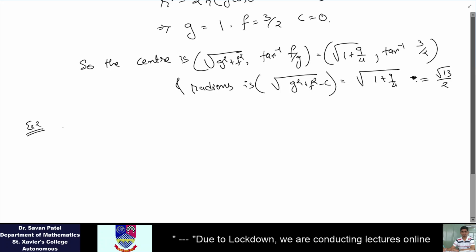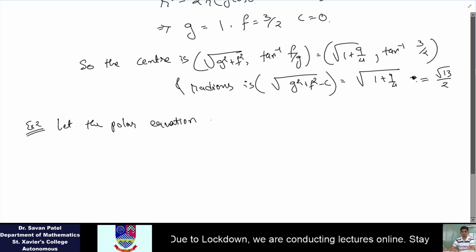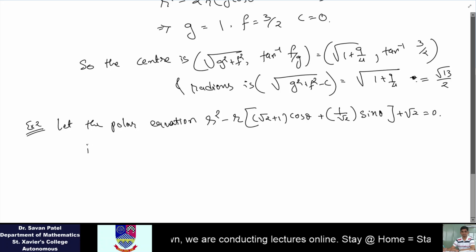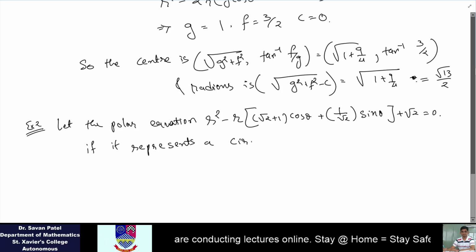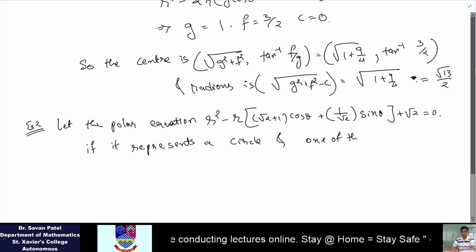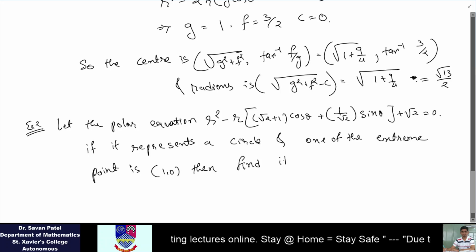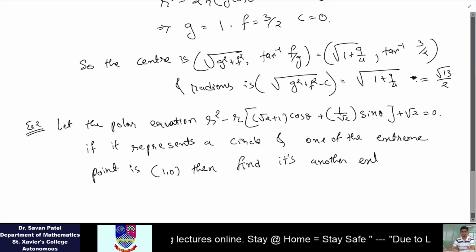So let me write the example, that is, let the polar equation r square minus r (square root 2 plus 1 cos theta plus 1 by square root 2 sin theta) plus root 2 is equal to 0 represent a circle and one of the extreme points is (1, 0), then find its other extreme point.